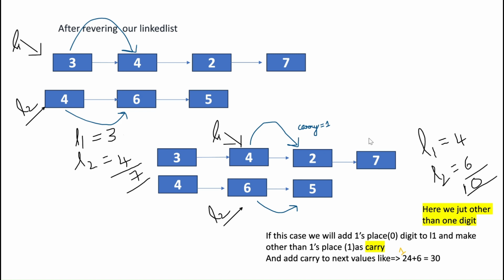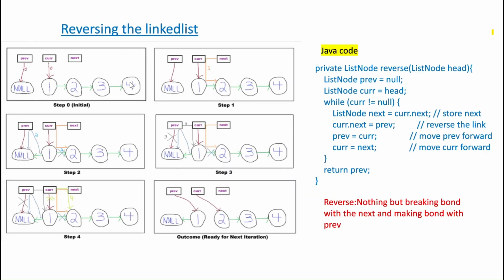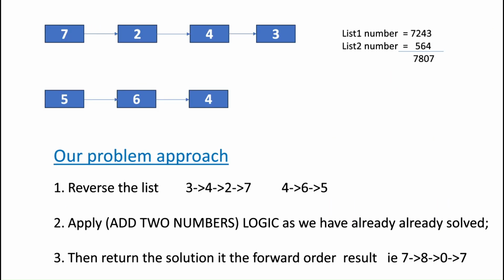Okay, let's move on. This is our addition approach. We have discussed that we have reversed our list, right? Now it became like this and this. So 3 and 4 are here. We do the operation from the least significant bit side.